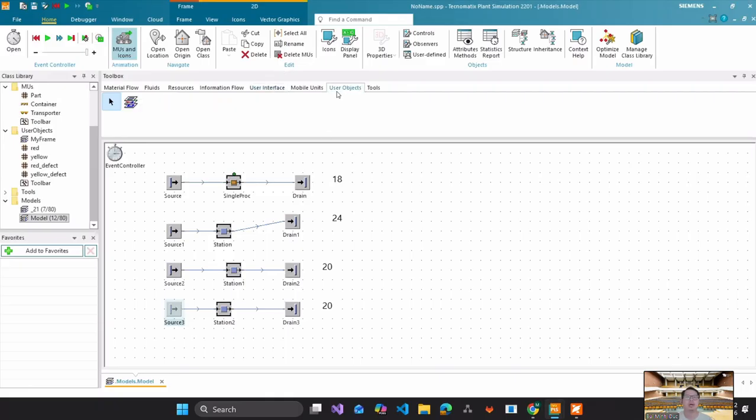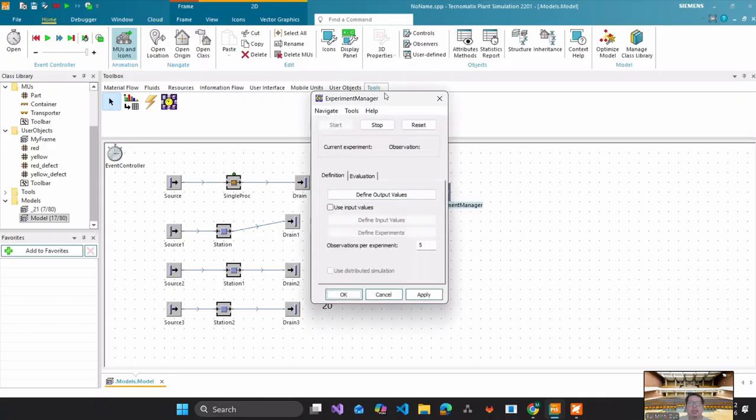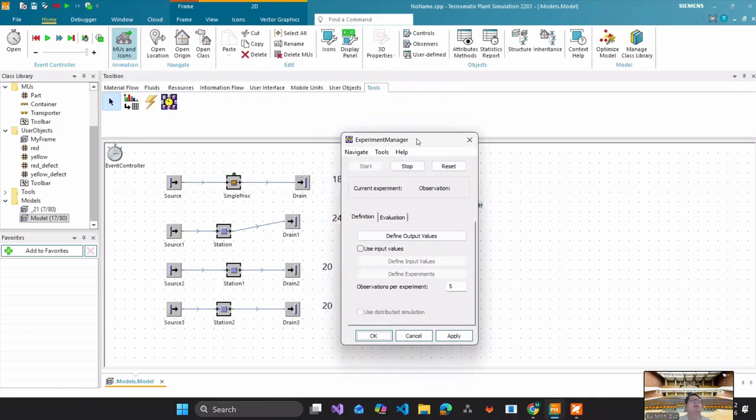We will use the experiment manager. Please find it in the toolbox; it is the last tab in your toolbox tools, and then you will find the experiment manager. With the experiment manager, you can run the simulation many times.